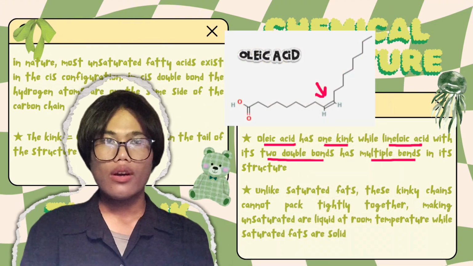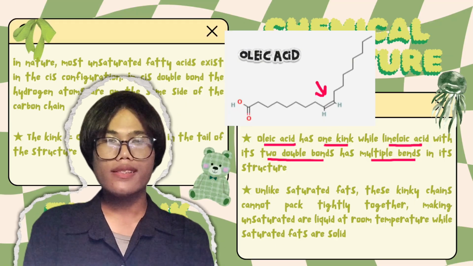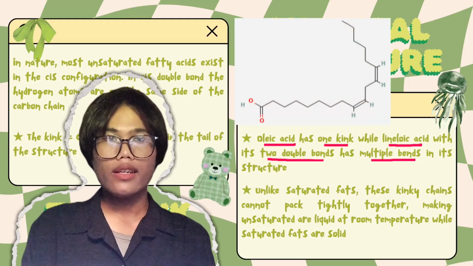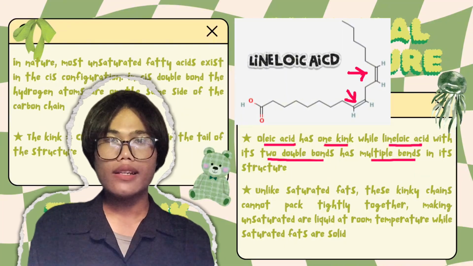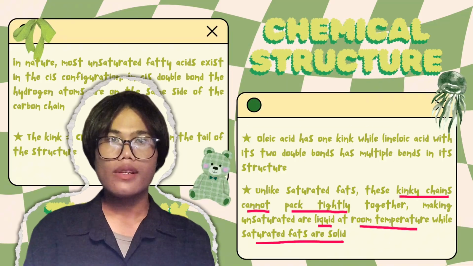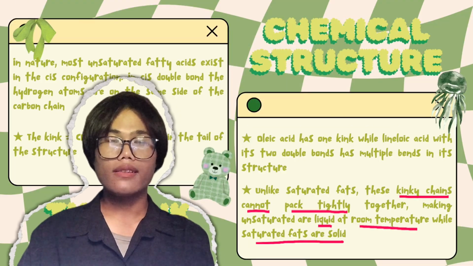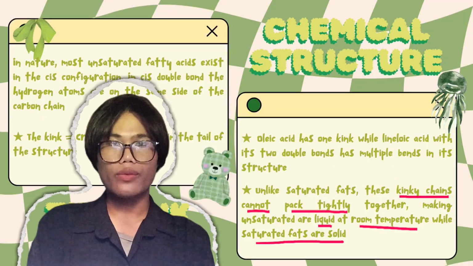For instance, oleic acid has a single cis double bond and one distinct kink, while linoleic acid has two double bonds, resulting in a highly bent, irregular shape. Because of these irregular shapes, unsaturated chains cannot pack neatly or tightly together, which keeps them liquid at room temperature.